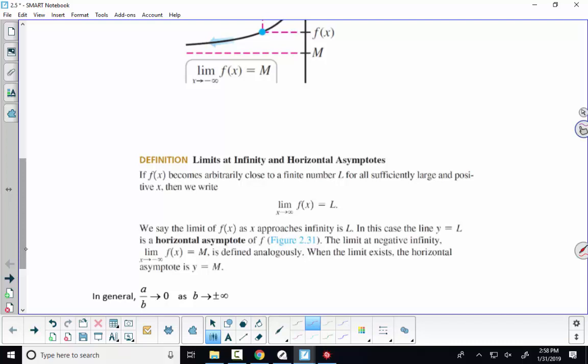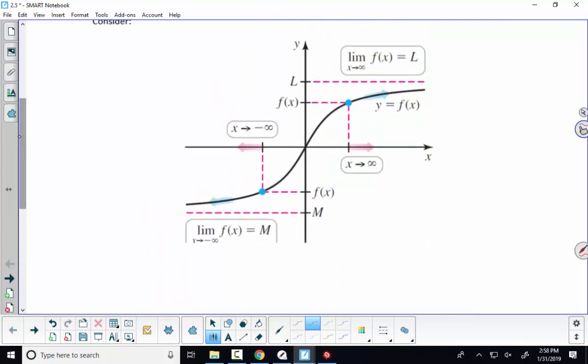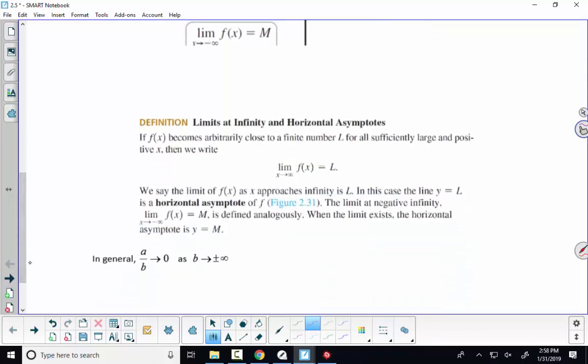One they're calling capital L, the other they're calling capital M, because in general, depending on what kind of function we're talking about, as we saw with inverse tangent, for instance, you can have more than one horizontal asymptote. So in the sense of our definition below, it's saying that on this function, as x approaches infinity, f of x approaches L, and as x approaches negative infinity, f of x approaches M.